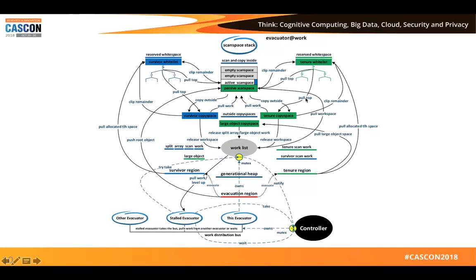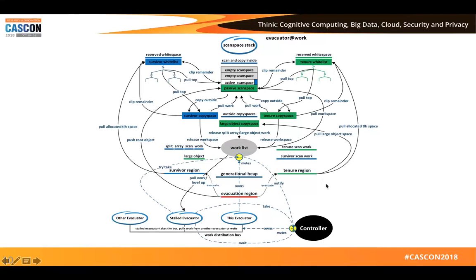Okay, so just to animate this a little bit, say we're scanning roots. You've got a root object, you need to copy it, so you want to copy it onto the stack, regardless of how big it is. It's a root object, array, string, whatever.